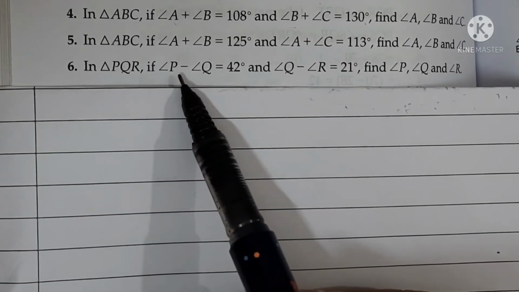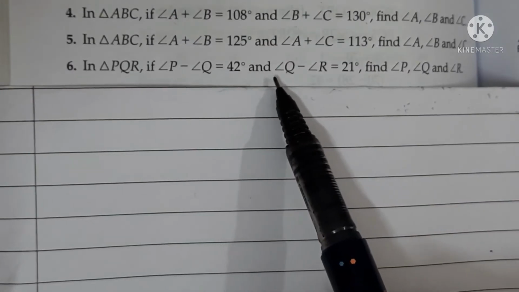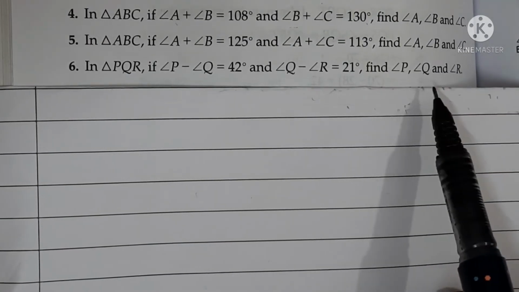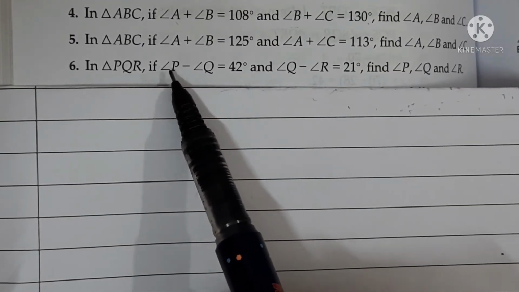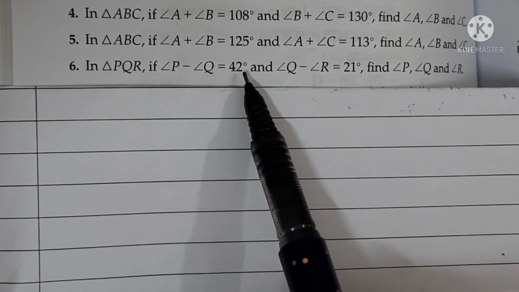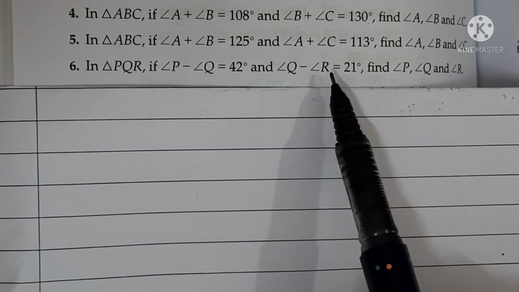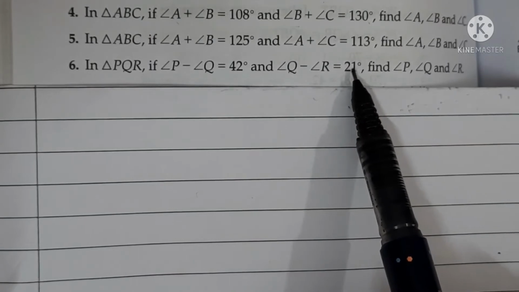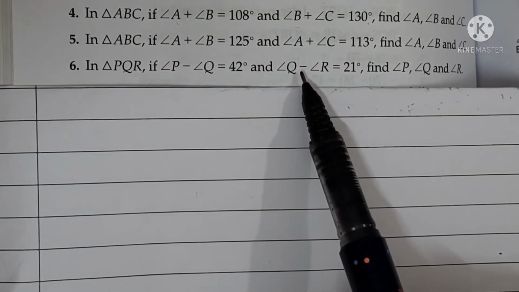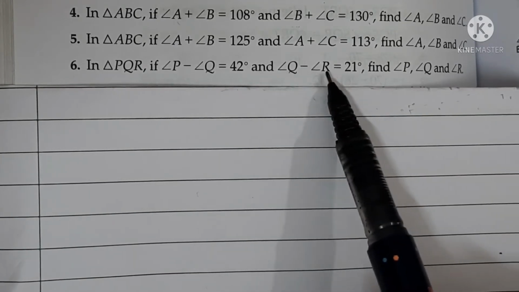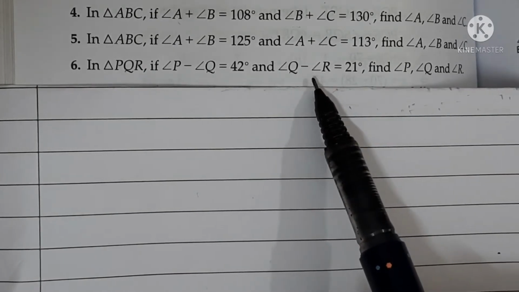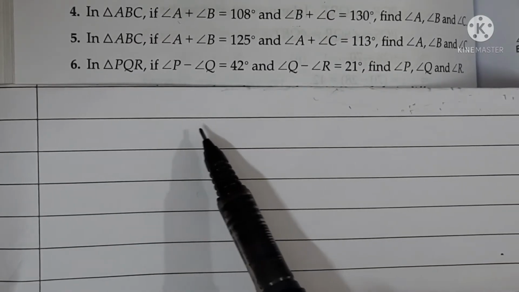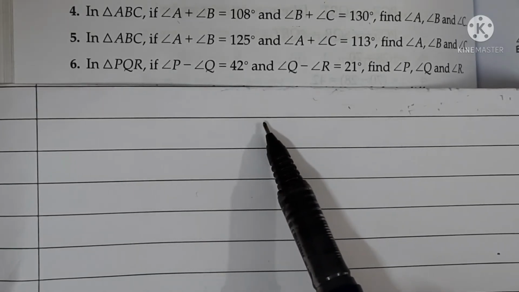In triangle PQR, if angle P minus Q is equal to 42 degrees and angle Q minus R is equal to 21 degrees, then find angles P, Q and R. So here write P in terms of Q. P will be 42 plus angle Q, and find R in terms of Q. Angle R will be angle Q minus 21 degrees. The sum of the three angles, angle P plus angle Q plus angle R, is equal to 180 degrees.